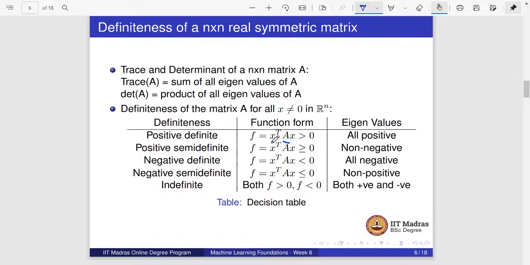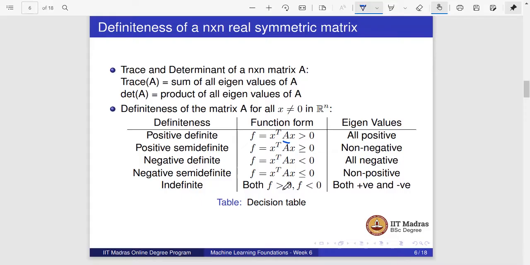You can also check this in another way. If all the eigenvalues are positive for the matrix A, then we say the matrix A is positive definite. If all eigenvalues are non-negative, then we say the matrix A is positive semi-definite, and so on.